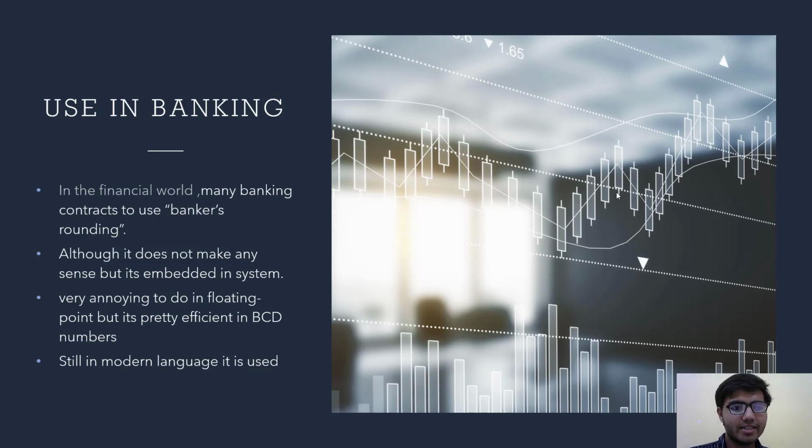Let us get into detail. In the financial world, many banking contracts use several rules and regulations. Some of them don't make any sense, but because they are used as ritual, they are used today also. One of the rules that bankers use is that if the last digit is even, it would be rounded off; if it is not, it wouldn't be rounded off.